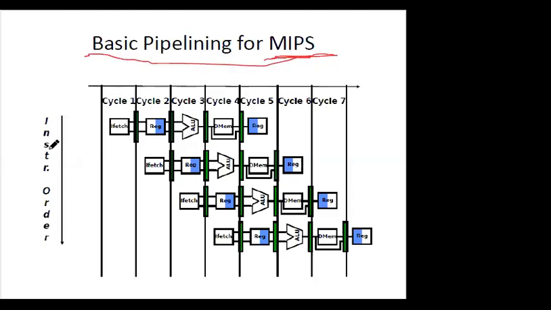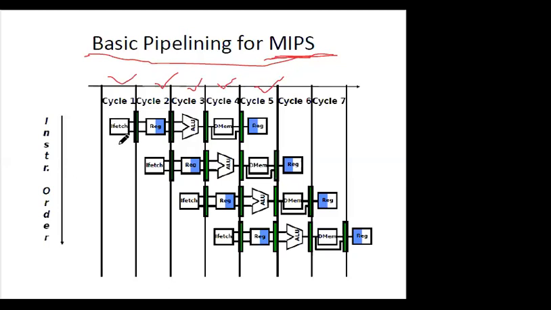We have an instruction order on the side, and we have multiple cycles to complete. In cycle 1, the instruction will be fetched, then it goes to the register set, then the execution unit, then memory access, and then finally it is written back to the register set.